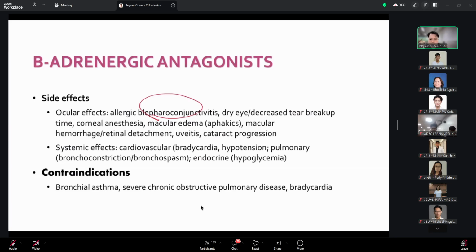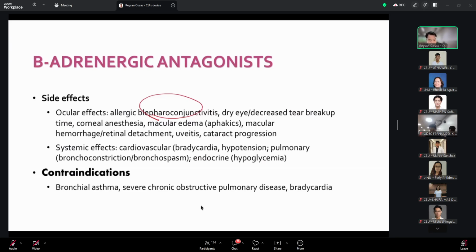The reaction can occur as early as the first month of therapy. So how do we address the blepharoconjunctivitis? If you experience this with a certain beta blocker, we can change to another beta blocker or another class of anti-glaucoma agents to manage the allergic reaction.